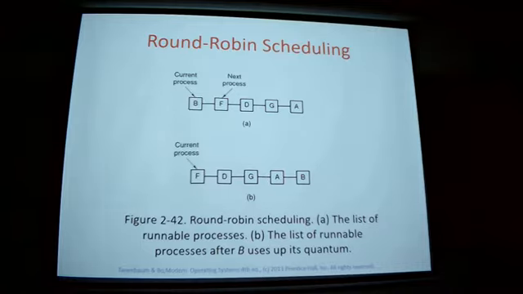So we can compute the CPU utilization. 4 milliseconds is for working, and the total time is 4 plus 1. So this is 80%.